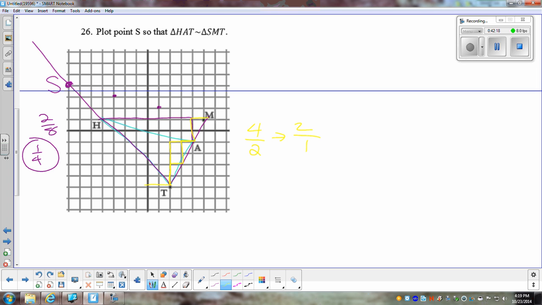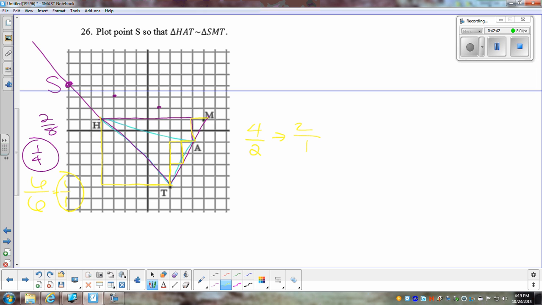So TH is 6/6. So that's 1/1. In this one, doing your parallel line, the purple way is the easier way to do it.